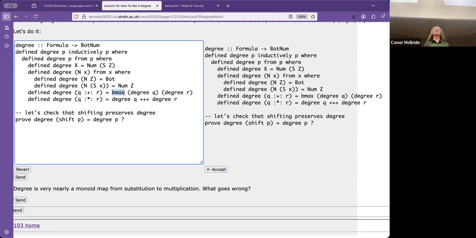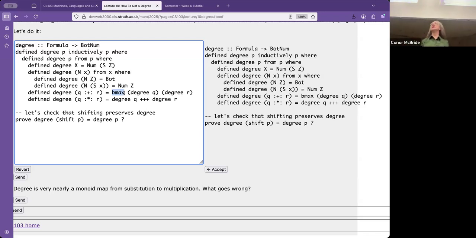And in fact, it is annoyingly nearly but not quite the case that degree is a monoid map from substitution to multiplication. Certainly works some of the time. Sadly, there are awkward corner cases around 0.